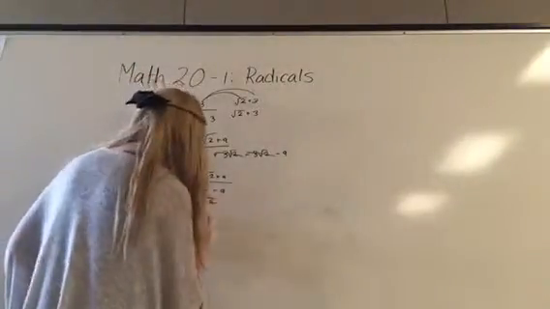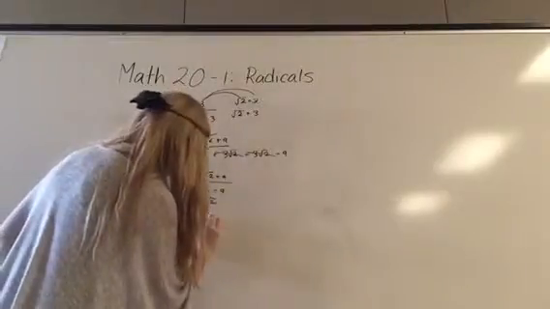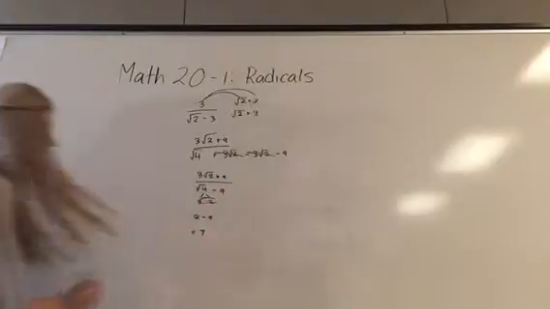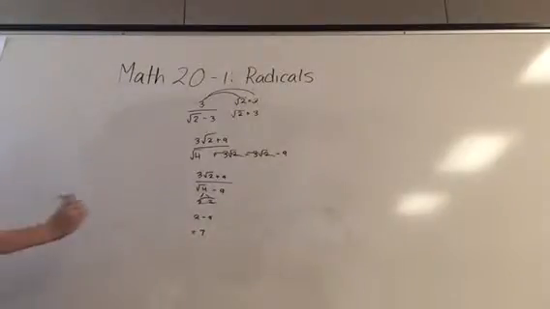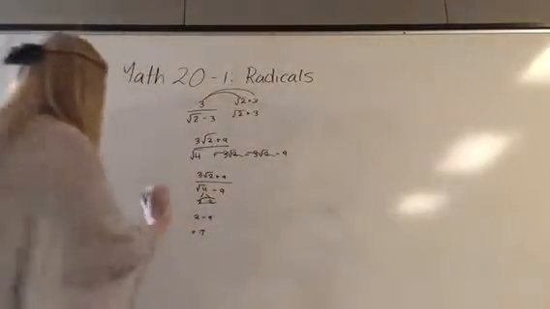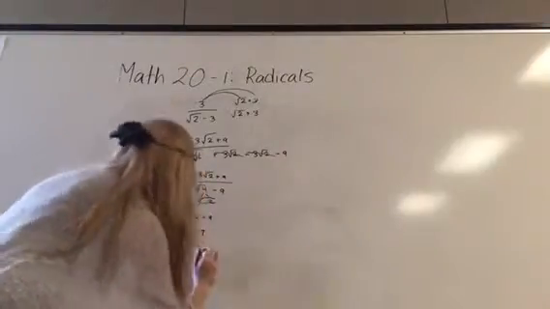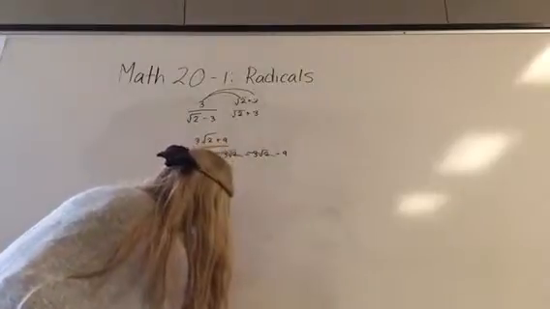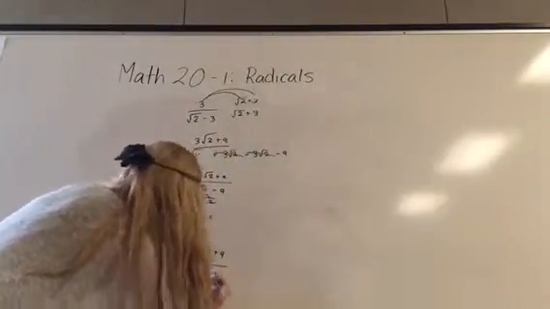And then you group it, so you get 2 minus 9, which equals 7. Negative 7, due to the 9 being negative. So the answer is 3 root 2 plus 9 over negative 7.